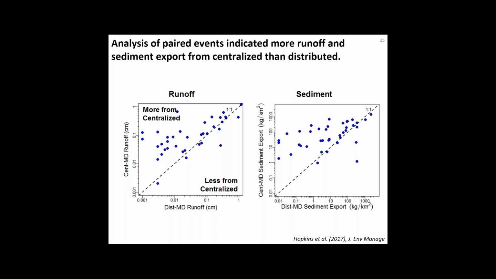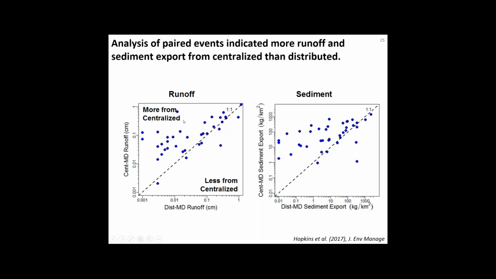And because they're close together, we can make some assumptions about precipitation and antecedent conditions that were likely similar between these two watersheds to look at comparing runoff and also sediment export from these individual events. And by looking at these paired events, we can identify events where there was greater runoff and sediment export from the centralized watershed than from the distributed stormwater management watershed.